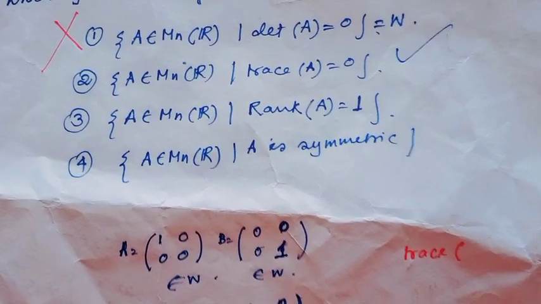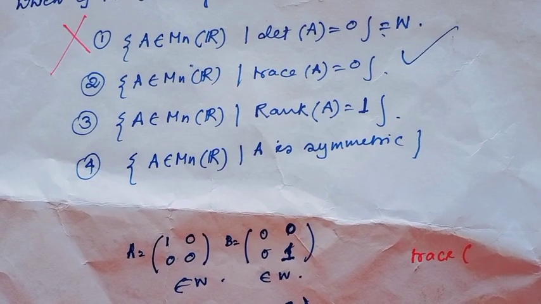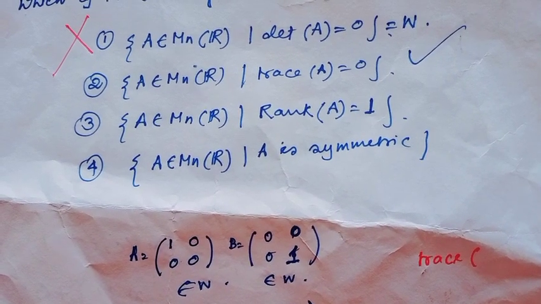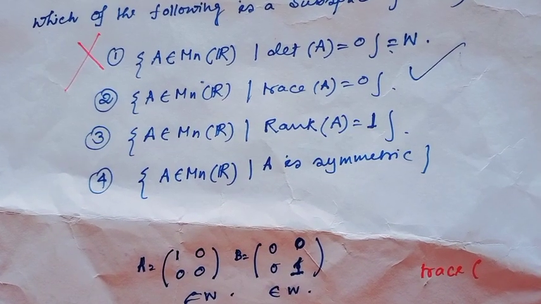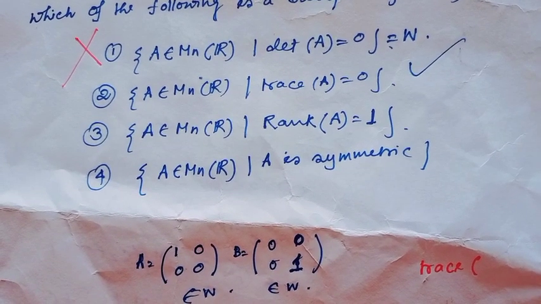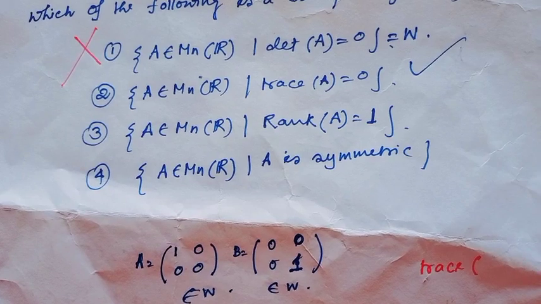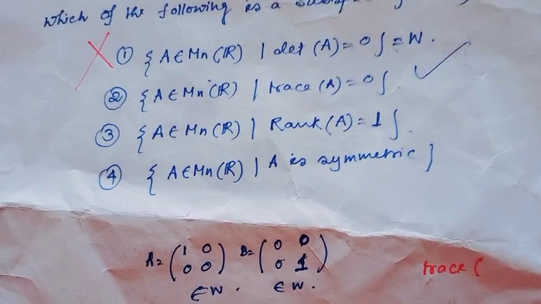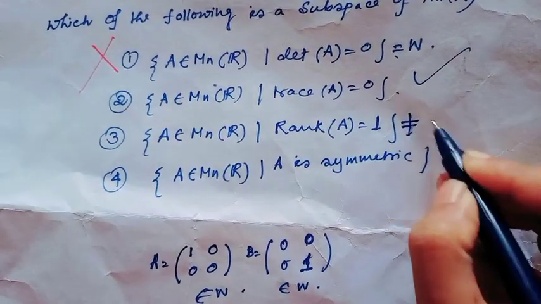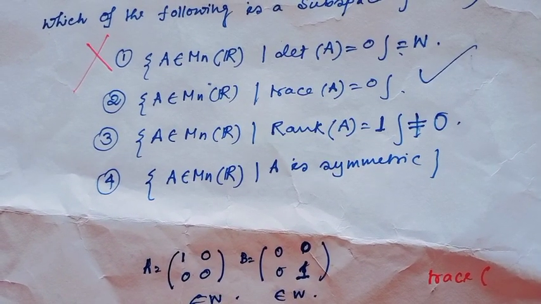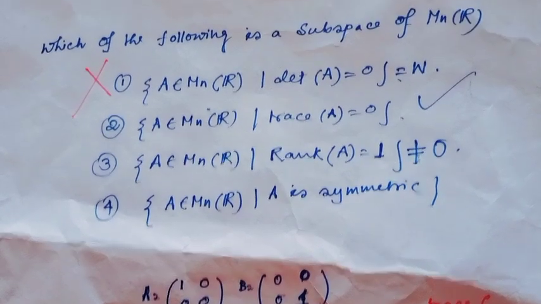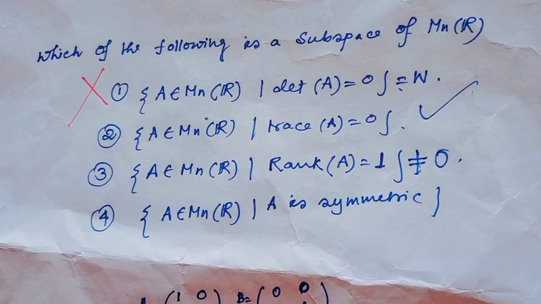Option 3, the set of A in M(n, R) such that rank of A equals 1. This is not a subspace because rank of A equals 1 here, which means this set does not contain the null vector 0. So, this is not a subspace of M(n, R).